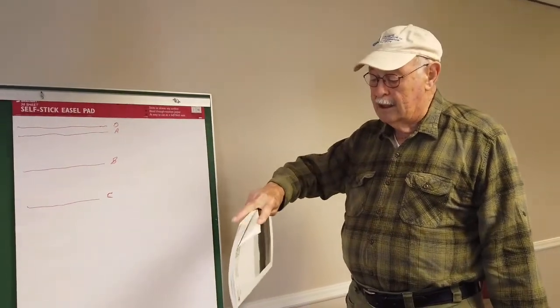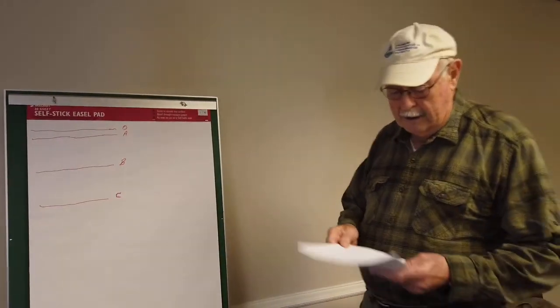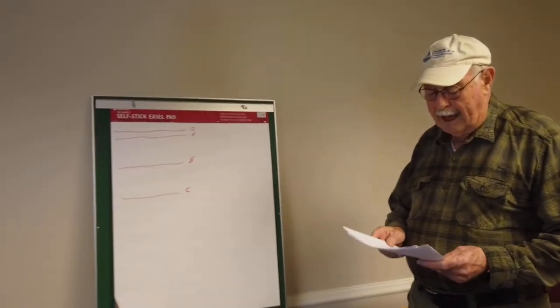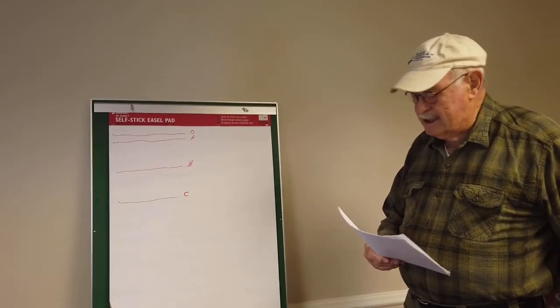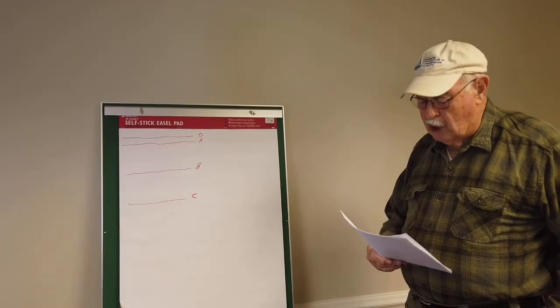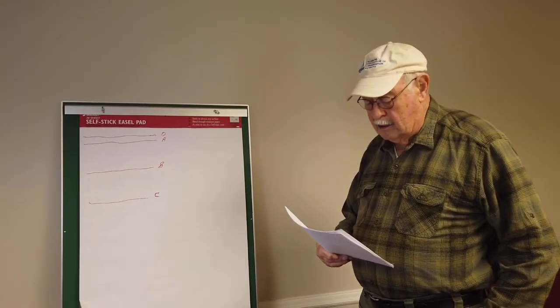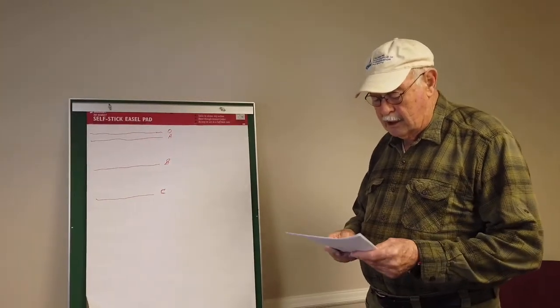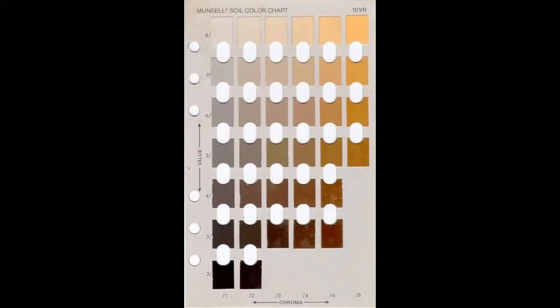It's fairly thick, but it's got all the information there that you would want to know about a particular soil. And like I said, the soil scientists use a Munsell color book to determine the color of the soil, to help them determine what the name will be.